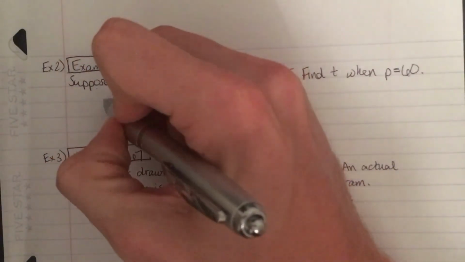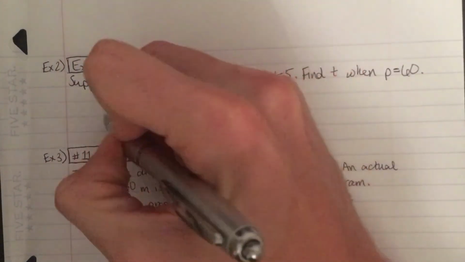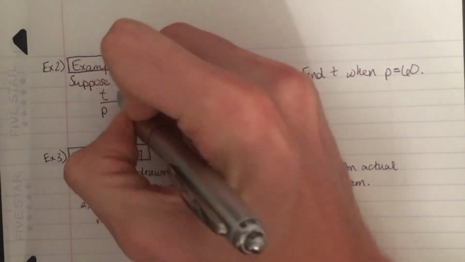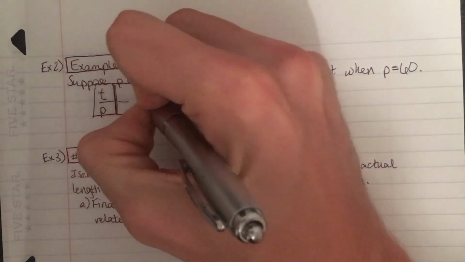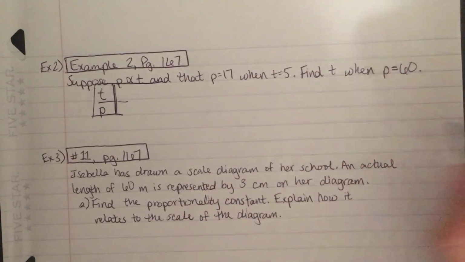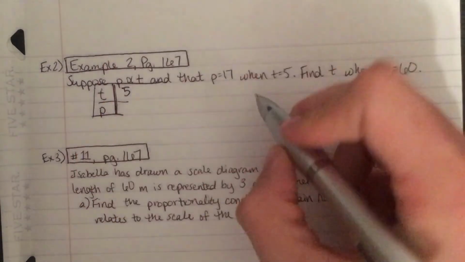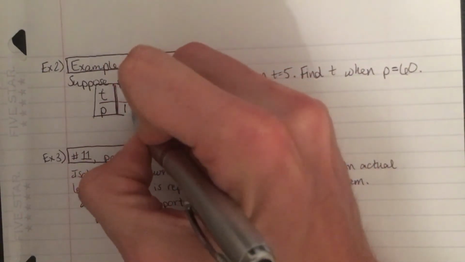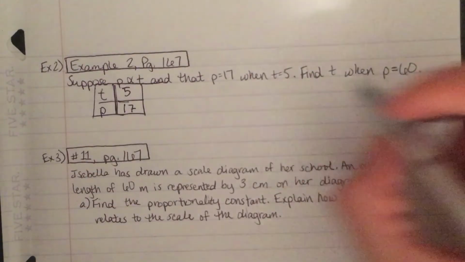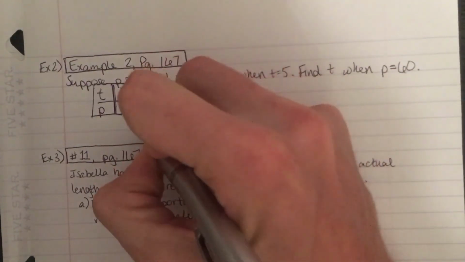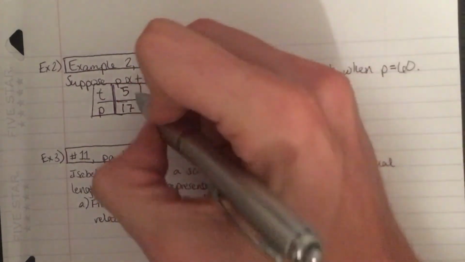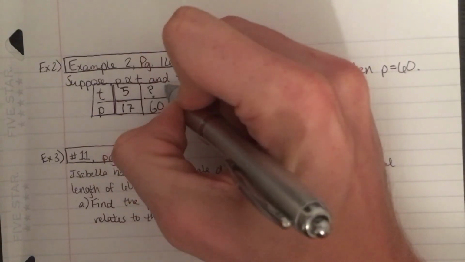So the things that we're going to write here, we're going to say T and P. They tell us here that when T is 5, P is 17. And they want to know, when this is 60, what is T?